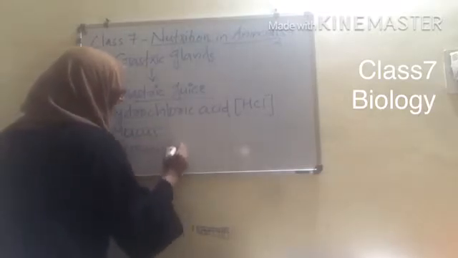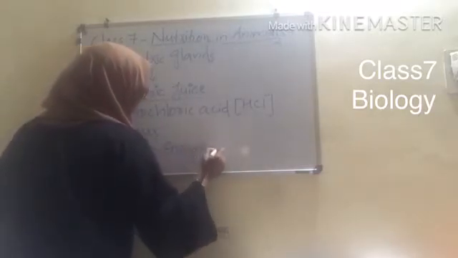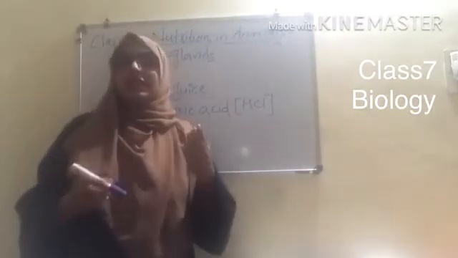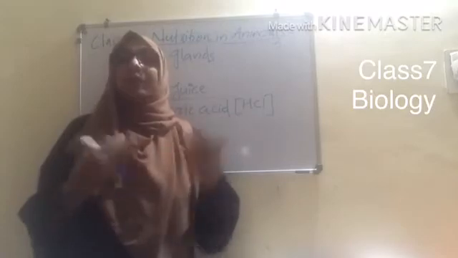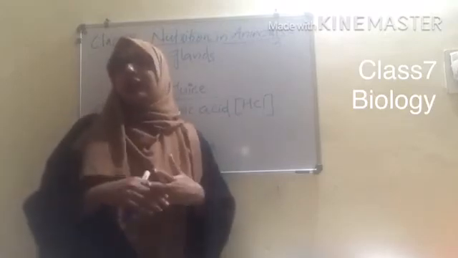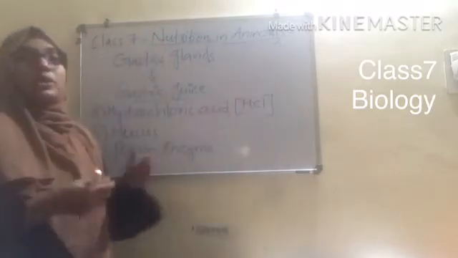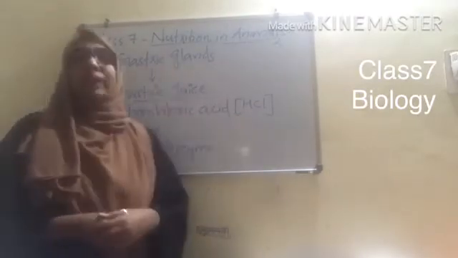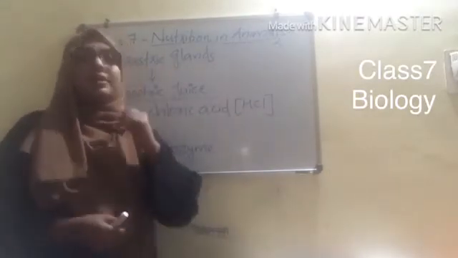Pepsin is the enzyme. We discussed in the last class what enzymes are. Enzymes are nothing but some substances which help to speed up the chemical reactions that are happening in our body. So these are the substances present in the gastric juice secreted by the gastric glands of the stomach.